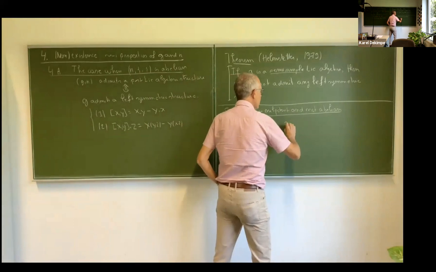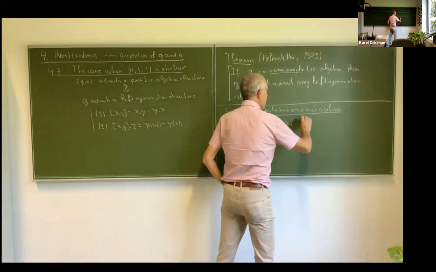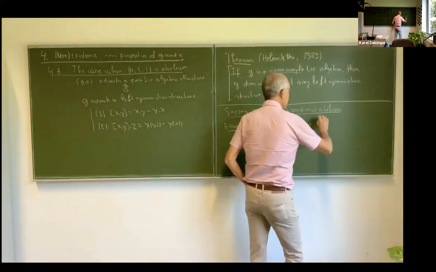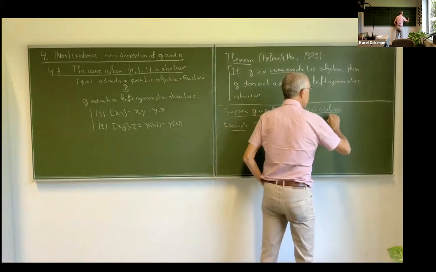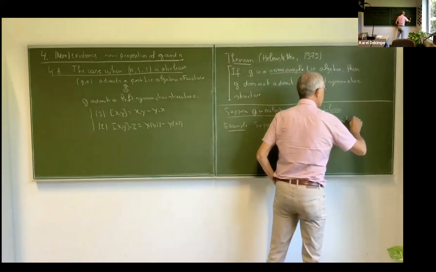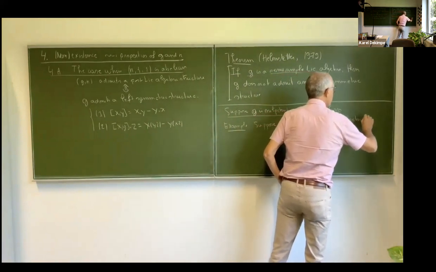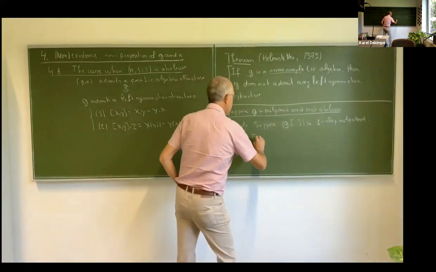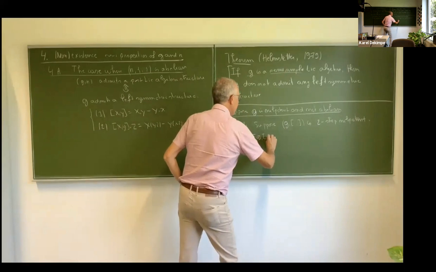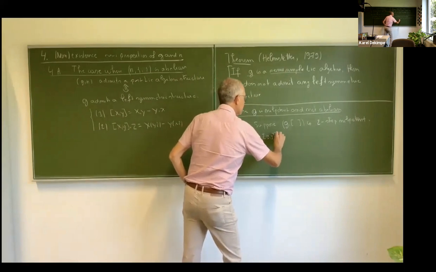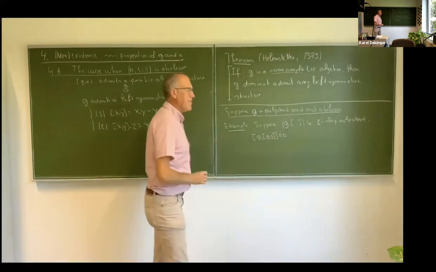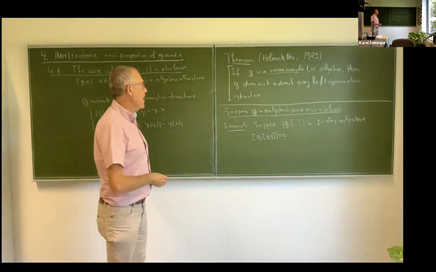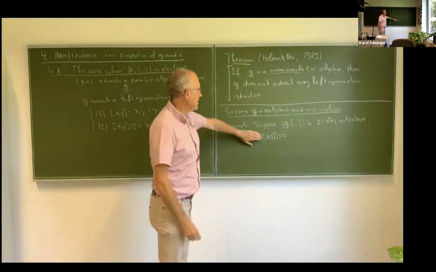Suppose G, the Lie algebra with the square brackets, is two-step nilpotent and non-abelian. This means that if you take triple brackets, everything becomes zero, but there are brackets in this set that are not zero.